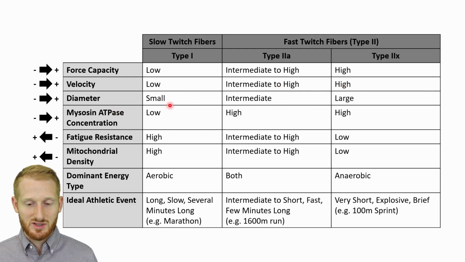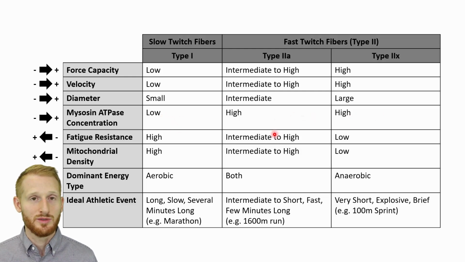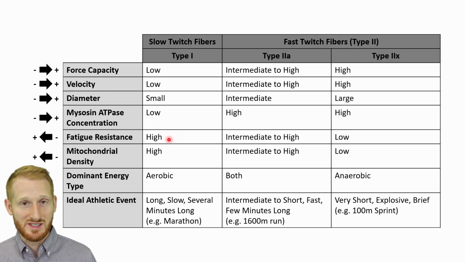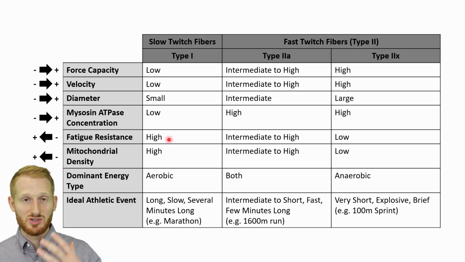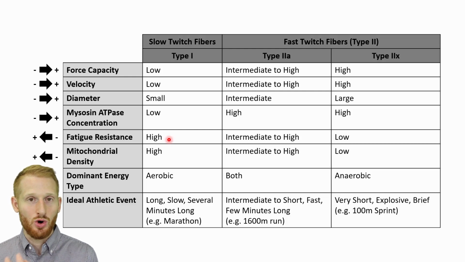The diameters, smaller diameters for type 1s, larger diameters for type 2s. The myosin ATPase, the concentration, the type changes as well, but we're just talking about the concentration of the myosin ATPase. It's a lower concentration in type 1s, higher concentration in the type 2s. The fatigue resistance, so in other words, your ability to contract the muscle cell over and over and over again, or to contract it and to hold that contraction for a very long period of time.